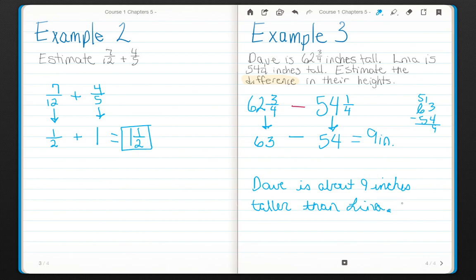And your sentence for your word problem is your answer. Okay, that's it for examples. Do your QCs and your CYU, and I will answer any questions the next time I see you.